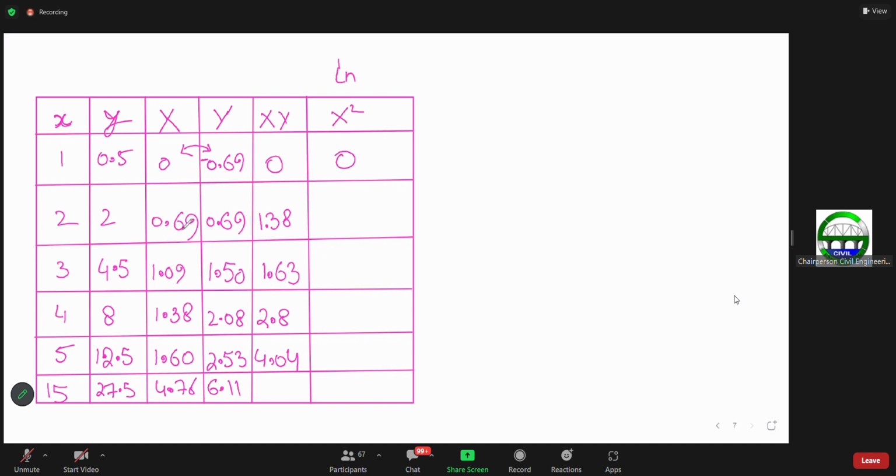So 0 square of this one, 0.48, 1.20, 1.92, and 2.59. Okay, and then xy will be equals to 9.08, and x squared will be equals to 6 point.